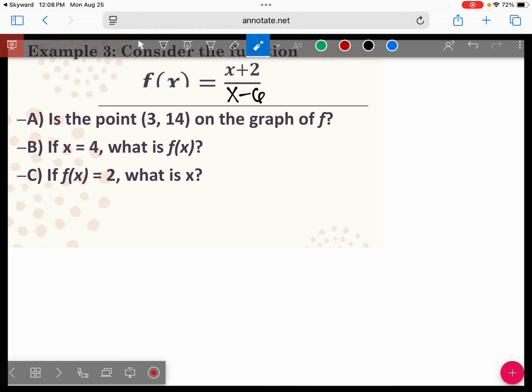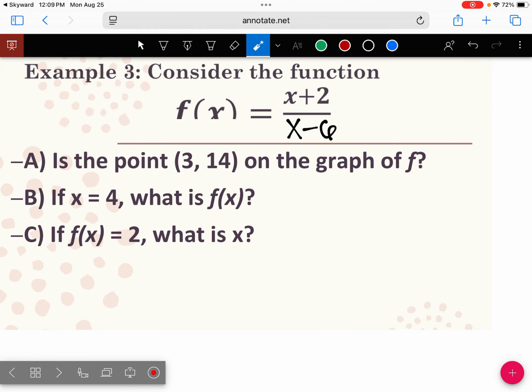All right, go ahead and copy this down. It's consider the function. And the function is f of x. And only copy down one question at a time. So only copy down part A. So copy down the function, copy down part A, and then we will answer the questions for this function.